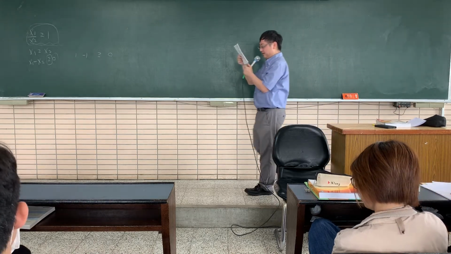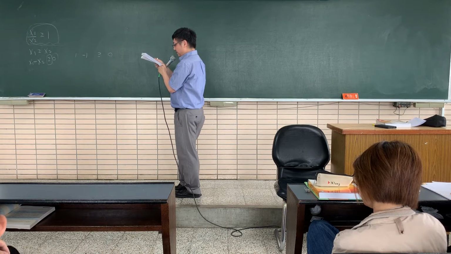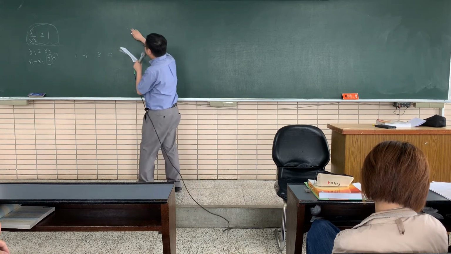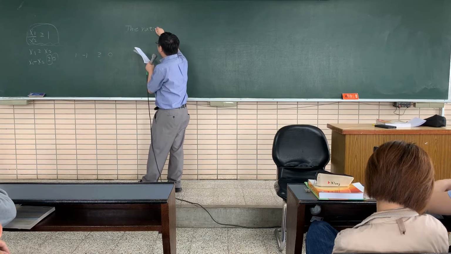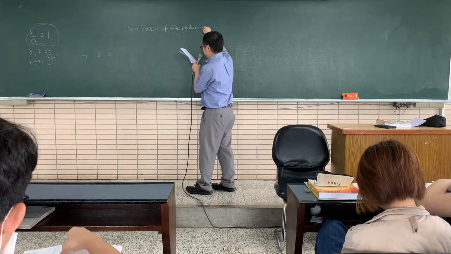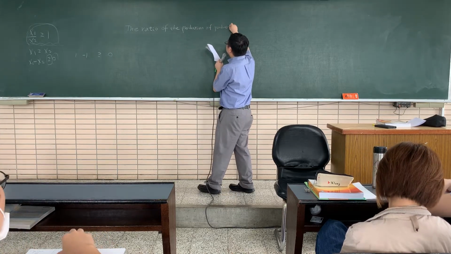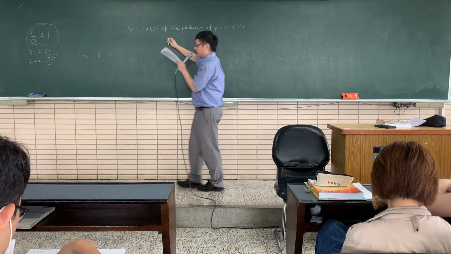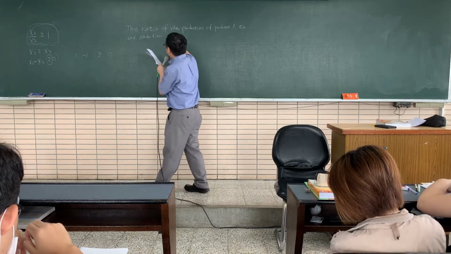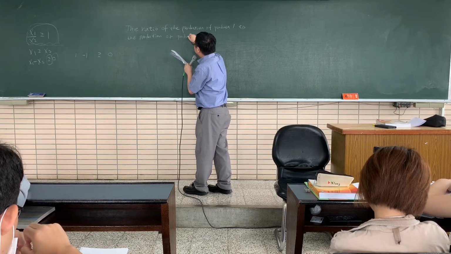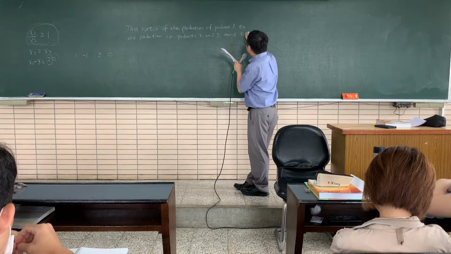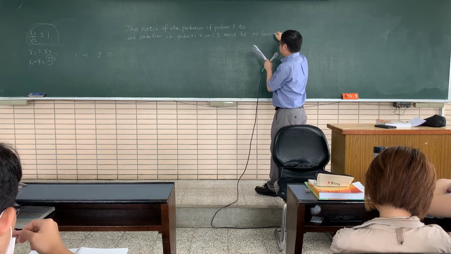Okay, let's see an example. The ratio of the production of product one to the production of products 2 and 3 must be at least 2 to 1.